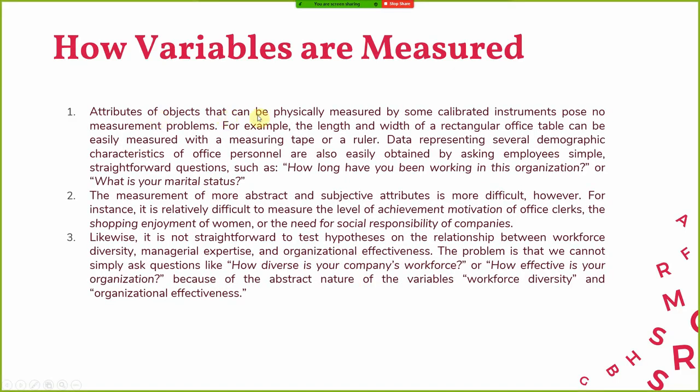Now, attributes of objects that can be physically measured by some calibrated instrument pose no measurement problem. There are objects whose attributes, whose characteristics can be easily measured and you won't have any problem whatsoever.